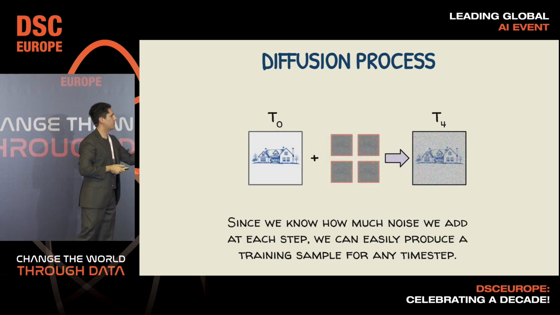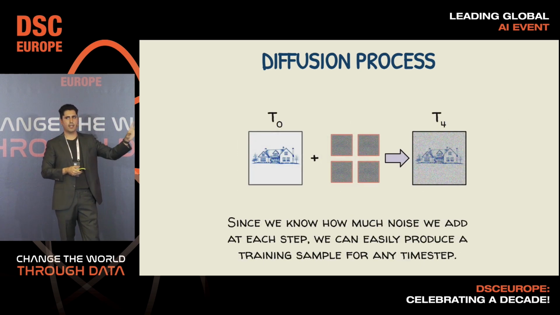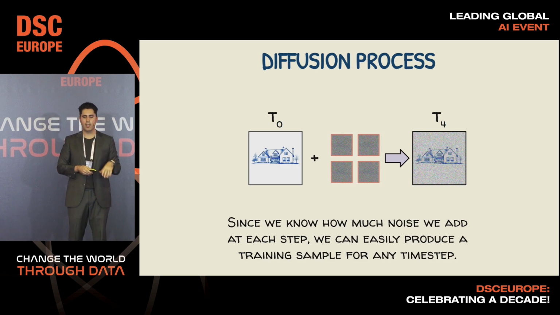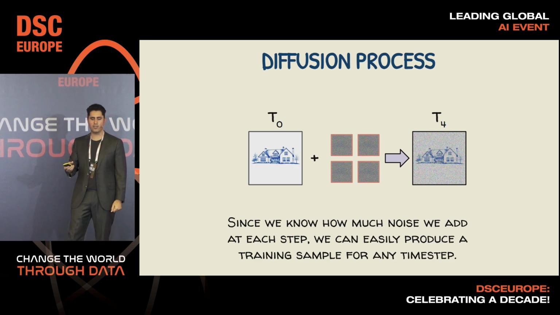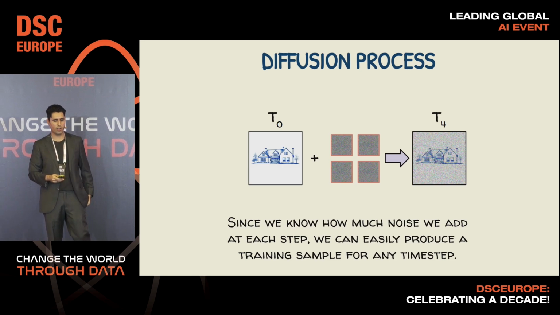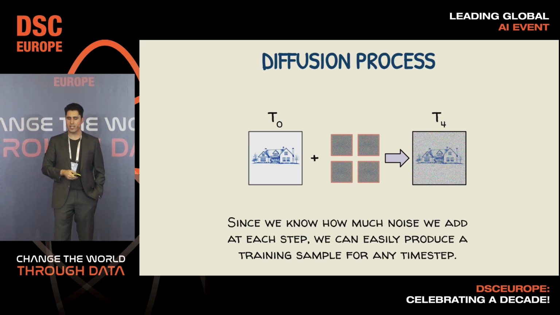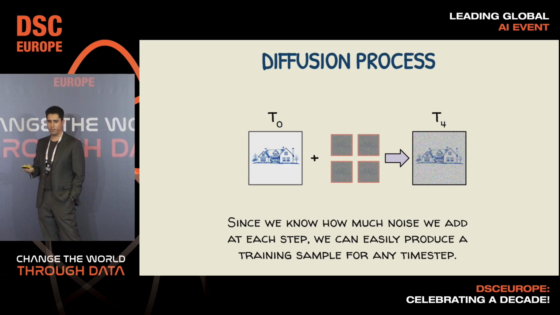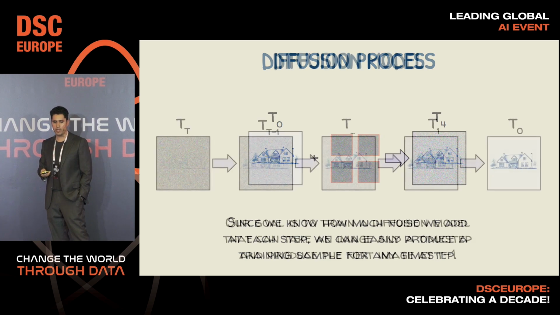But remember, I'm doing this in steps and adding the same amount of noise at each step. I could just skip straight from T0 to T4, right? The way Gaussian noise works, it's really easy to just sum up all this noise and jump straight from T0 to T4. And since we know how much noise is being added at each step, I can easily produce a training sample for any time step. So that's key idea number one.